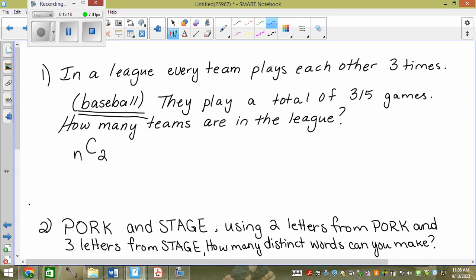Okay, so then we times it by 3, and we get 315. Then what's my first thing I do? Divide it by 3. And I get NC2 equals what?